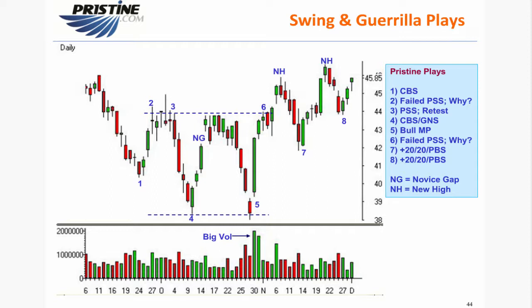However, at 3, we get this topping tail. All right? This topping tail here strongly reinforces the idea that sellers are still very aggressive here and that we'd be looking for price to move lower. So we'd be looking to sell it short under that topping tail and expecting a move back down.